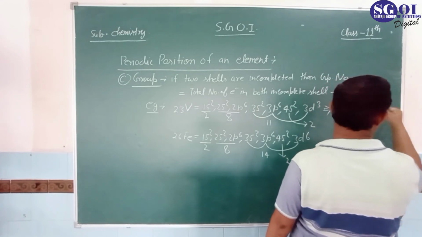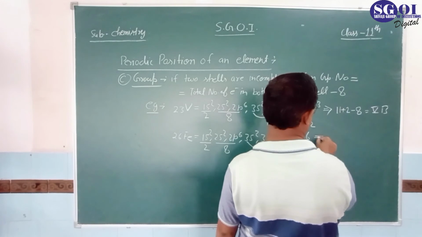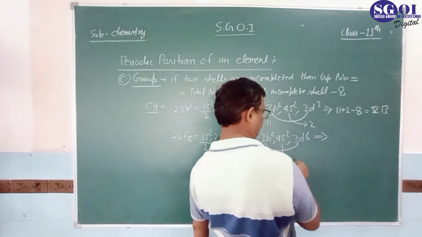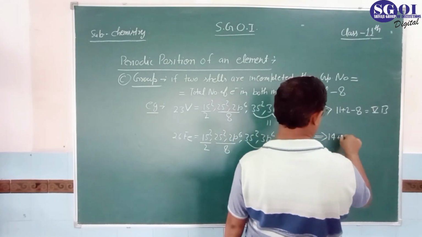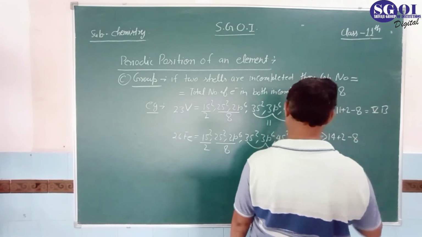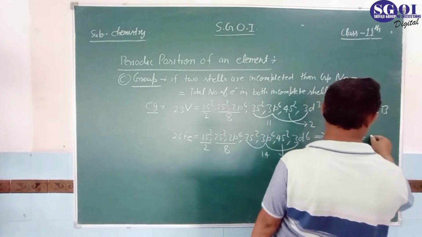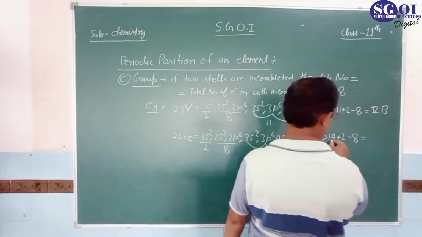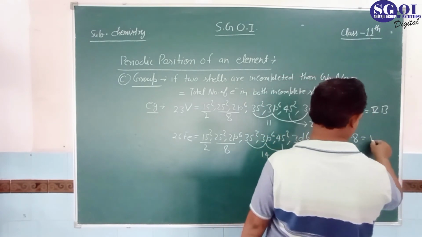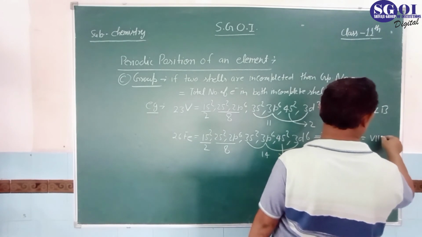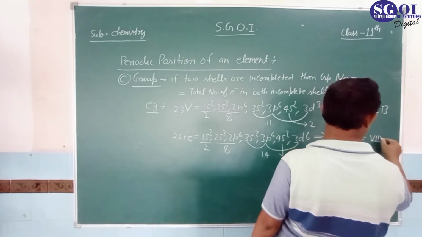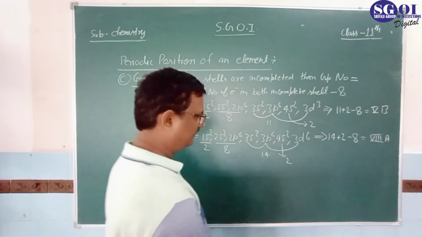This is the 5th B. And here 14 plus 2 minus 8, that is 8. 14 plus 2 is 16, minus 8 is the 8th group. A. This is divided in 8A.